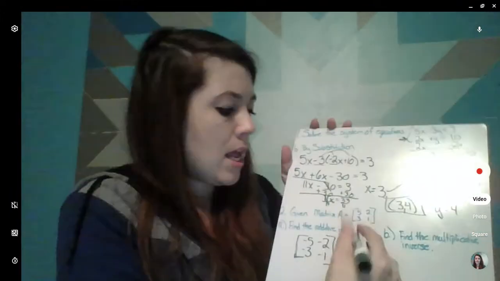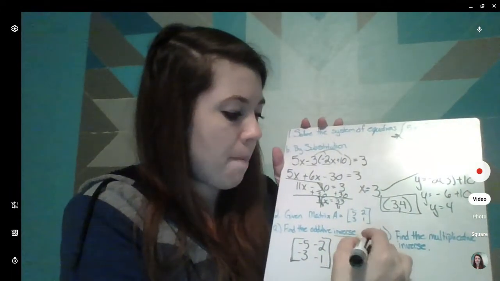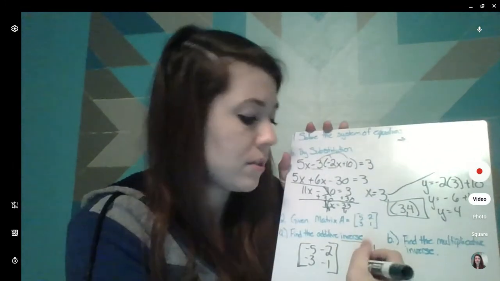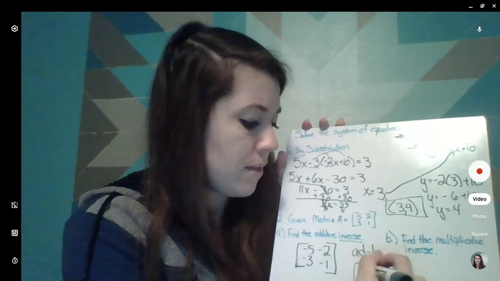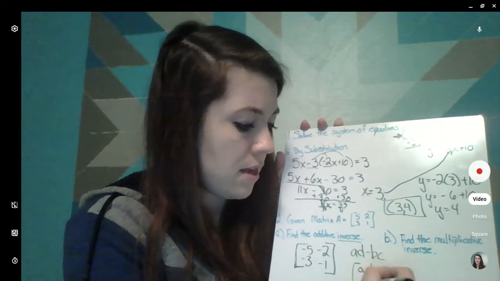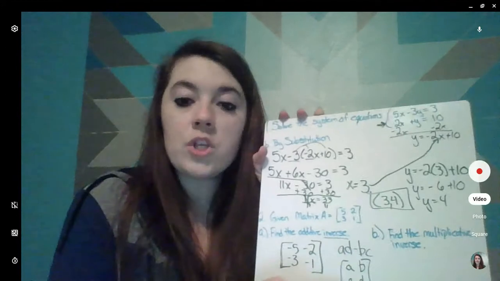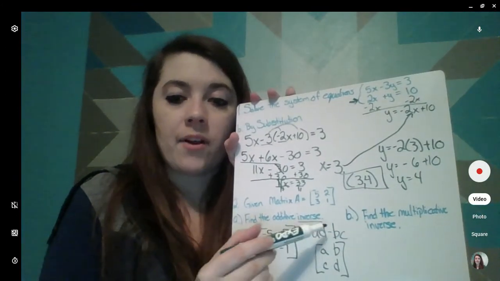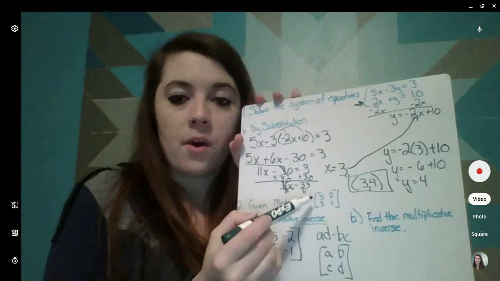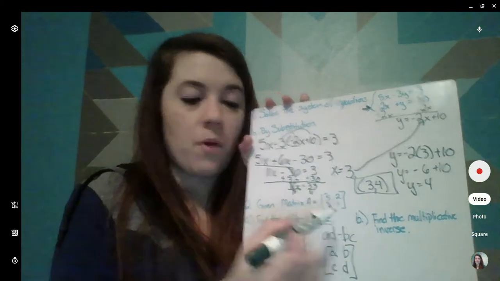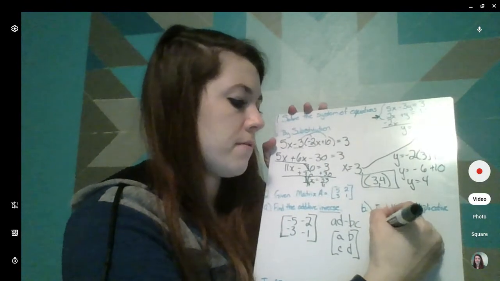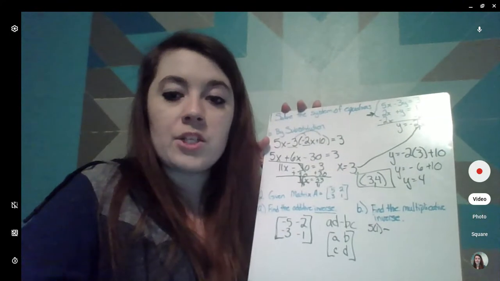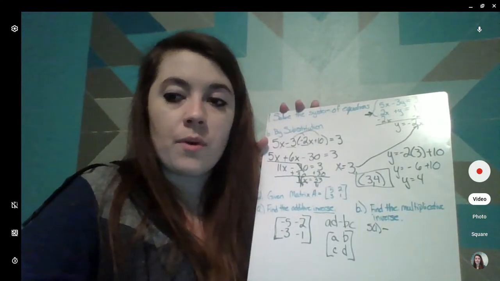So the determinant is taking AD minus BC, where the matrix in a 2 by 2, this only works for 2 by 2s, is in the form A, B, C, D. So this is the form that the matrix is in, and we need to multiply A and D together and then subtract B times C. So A and D would be 5 and 1. So we've got 5 times 1 minus, then we're going to do B and C, which is the 2 and 3.